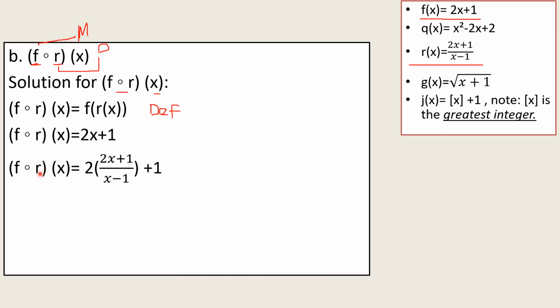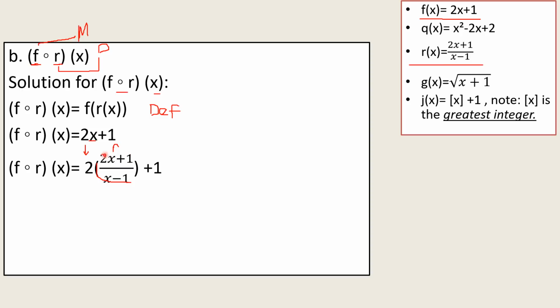Okay? So, the composition of f and r of x is equal to, eto si 2. Ayan, no? Eto si 2. Tapos, si x, napalitan siya ng r. Etong buong, eto. Okay? Tapos, ayan.